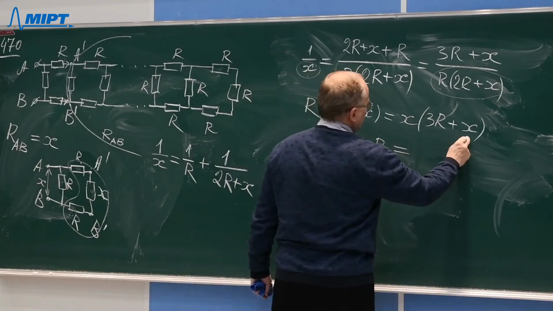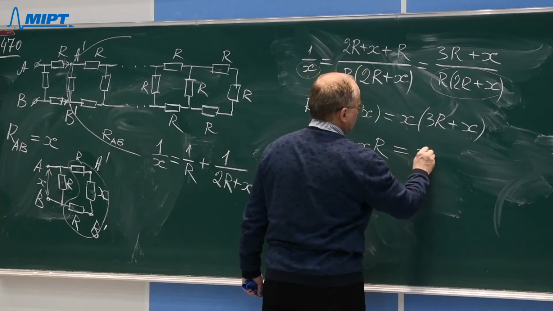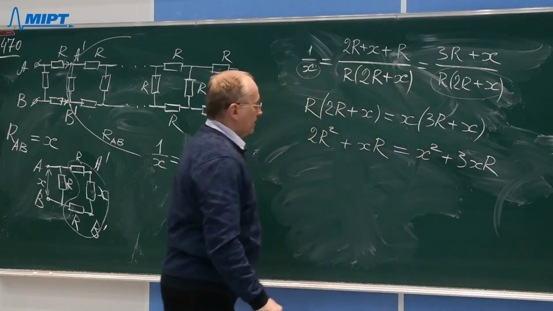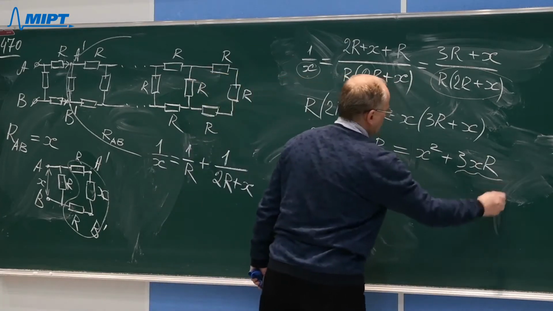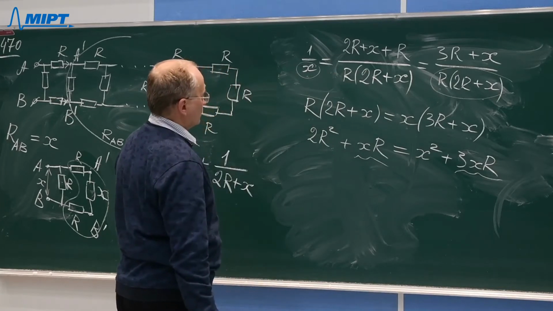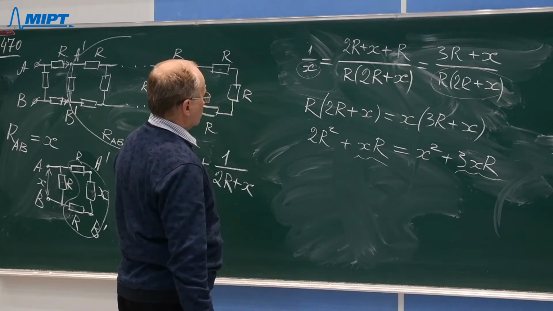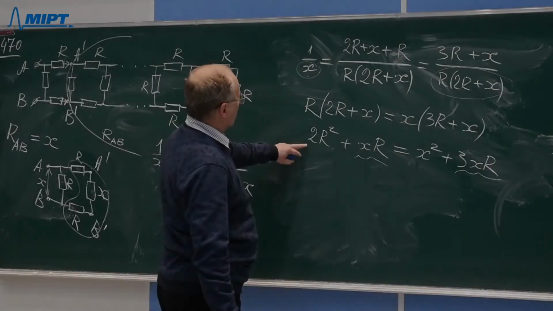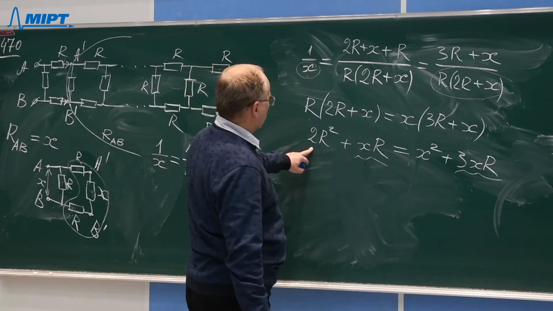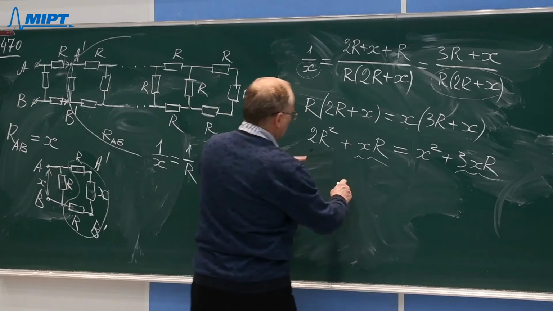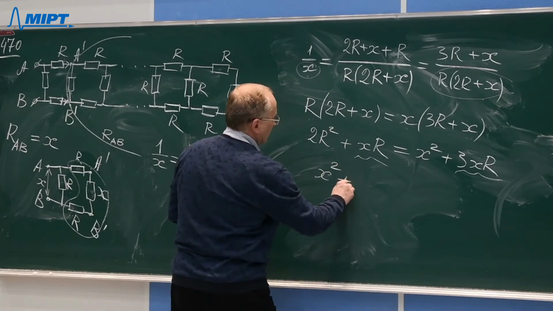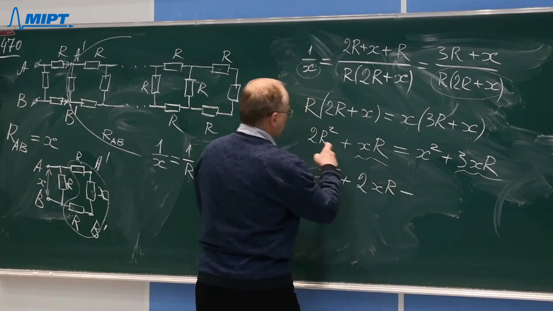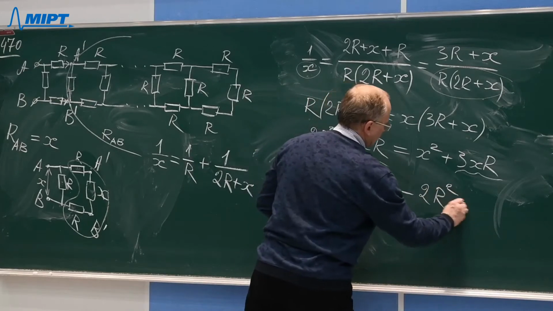And in the other part of the equation, we will find X squared plus 3XR. So these are similar terms, and the equation may be rewritten as X squared plus 3 minus 1, that will be 2XR, and minus 2R squared, that will be 0.